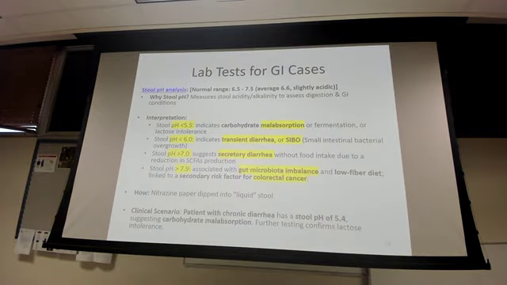All right, so stool pH, make sure you're highlighting this as well. I'm going to have a couple of questions. I'm going to give you clinical scenarios, but what's going to distinguish the different types of disease states is their pH, okay? If you have a pH of less than 5.5, think carbohydrate malabsorption. A stool pH of 6 thinks transient diarrhea or SIBO, which is small intestinal bacterial overgrowth.